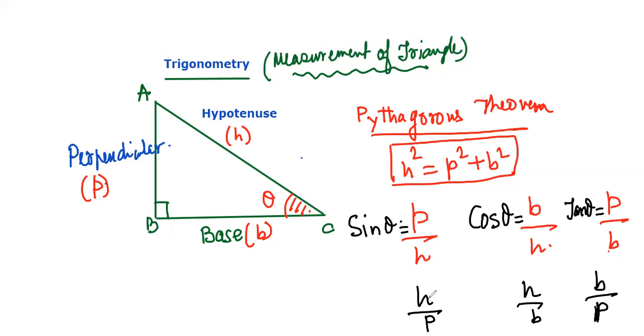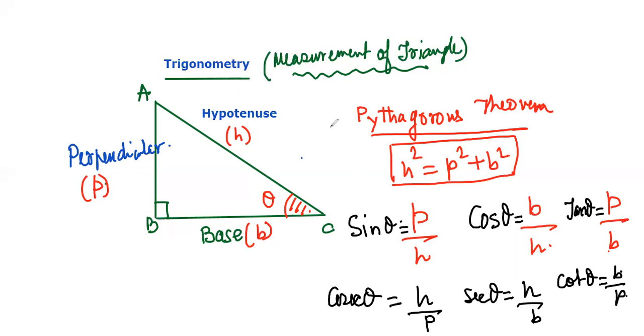And the reciprocal of that, that is hypotenuse by perpendicular, this is known as cosec theta. Hypotenuse by base is called sec theta. And base upon perpendicular is cot theta.